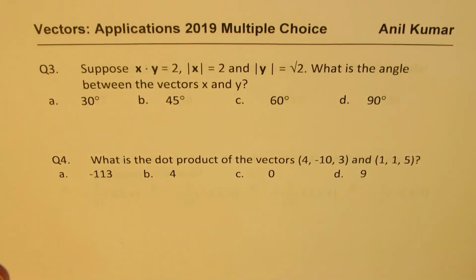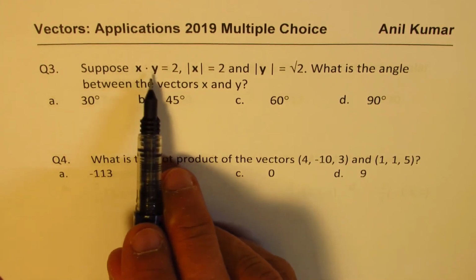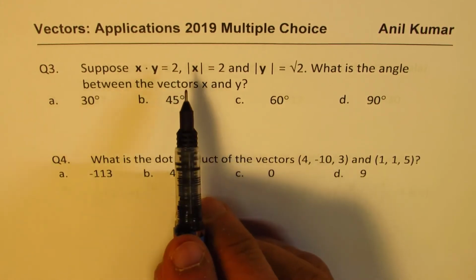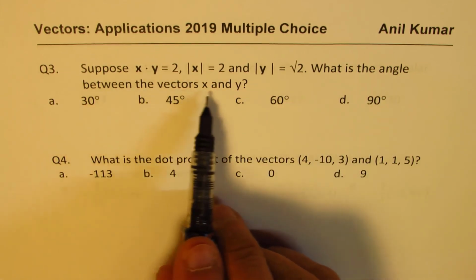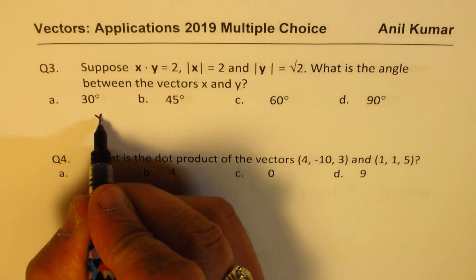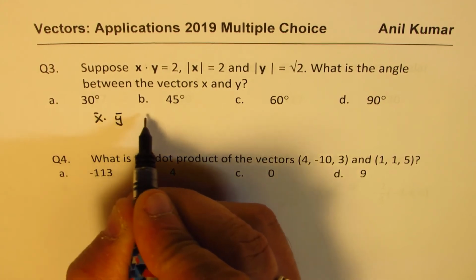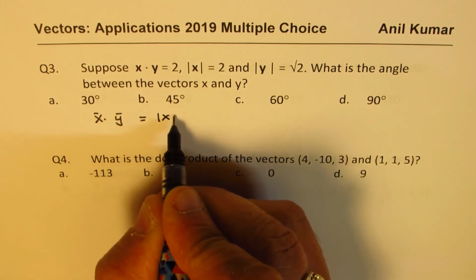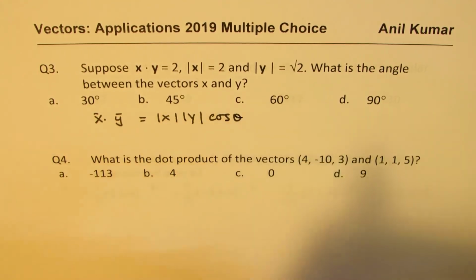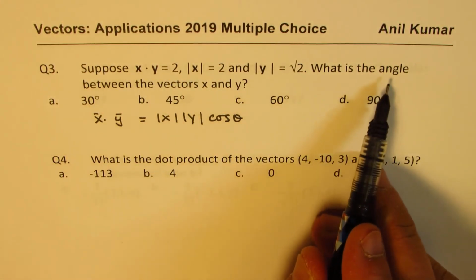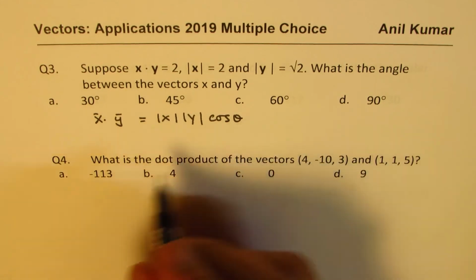Question number 3. Suppose x dot y equals 2, magnitude of x is 2, magnitude of y is square root 2. What is the angle between the two vectors? So x dot y is basically magnitude of x times magnitude of y times cos theta, correct? Now we're given all this, we need to find the angle between the vectors.